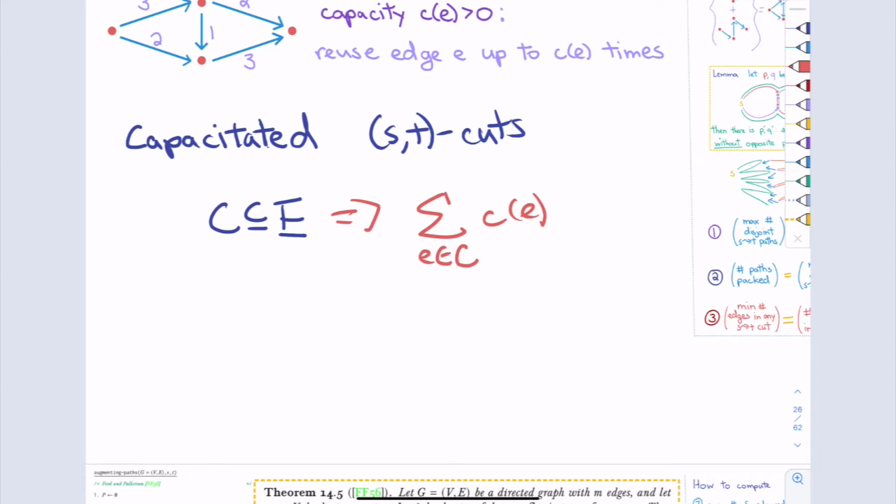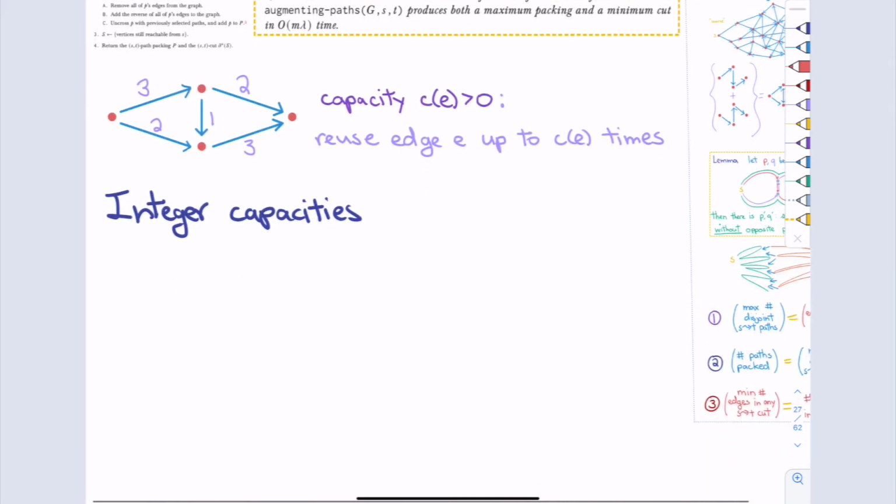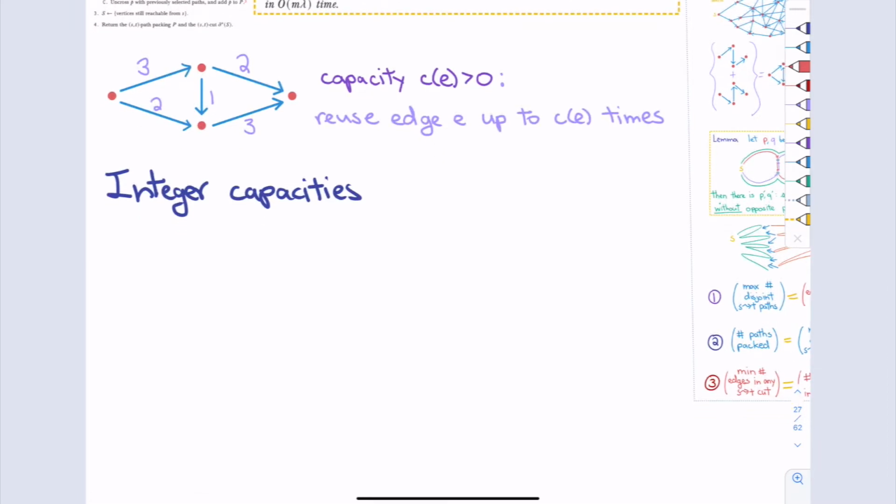All right, so let's walk through slowly something that we've already discussed more briefly. If I look at integer capacities, then the path packing problem, trying to pack as many paths as possible, is equivalent to the unweighted problem where I just duplicate edges. And the minimum capacitated cut problem is equivalent to the unweighted problem where I duplicate the edge however many times. So we can reduce this. This is not algorithmic.